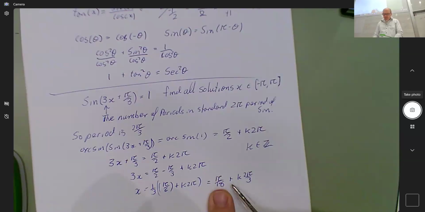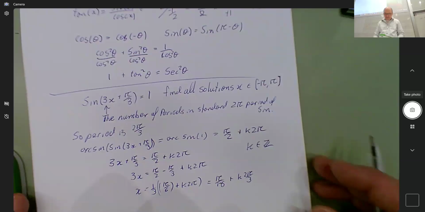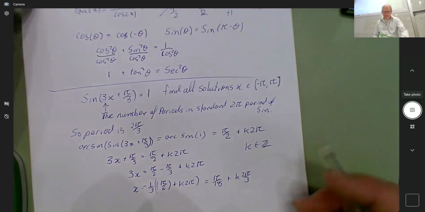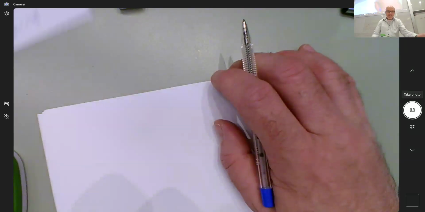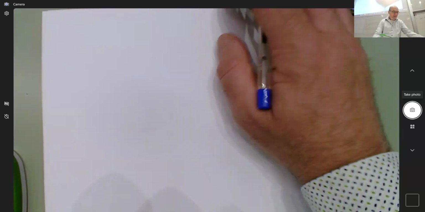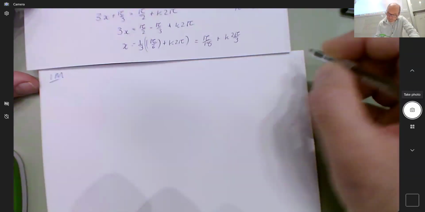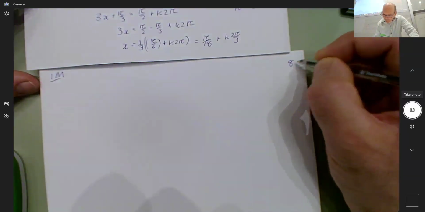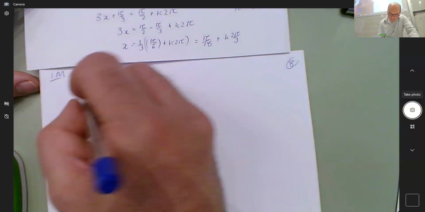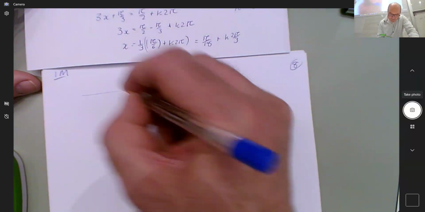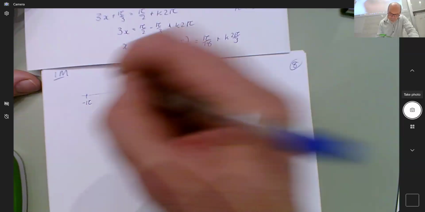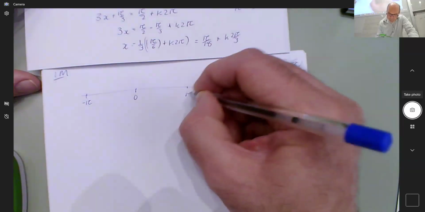So if I draw a bit of a number line to where these things are, let's just go to the next page. I want to put 0, minus pi, pi.